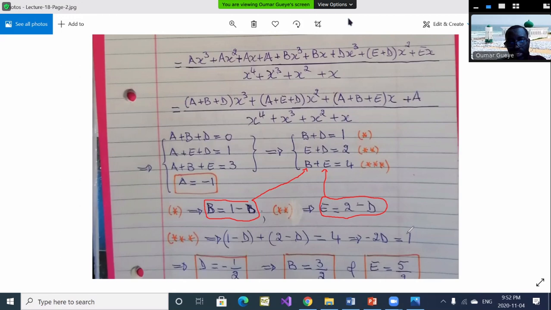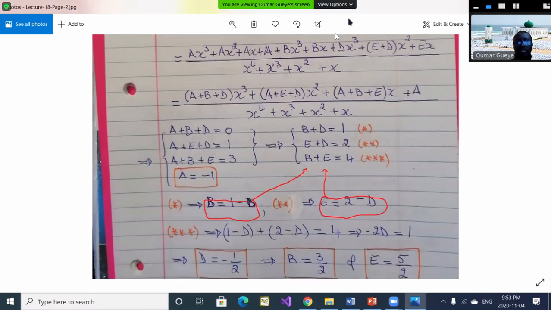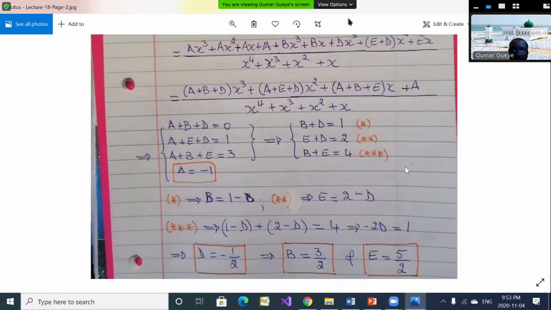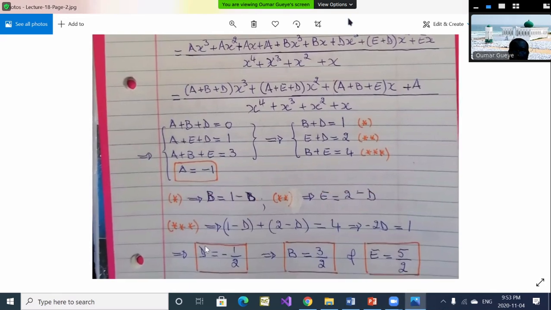That's why we got 1 here. And from this equation, you can see D equal to negative 1 over 2.